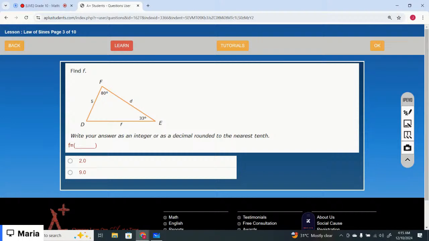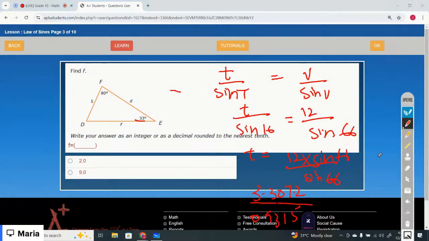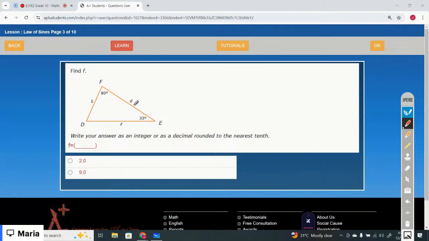Okay, find f. The next one is we have to find the value of f. So let's just do the calculations, right? You are given the e, right? So that is e divided by sine e, that equals f divided by sine f, right?